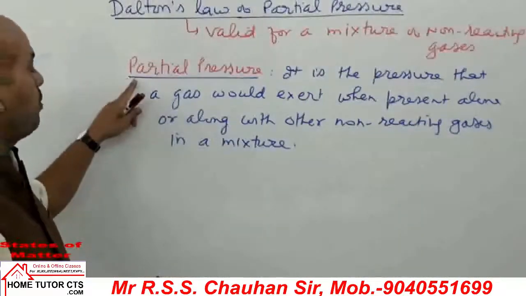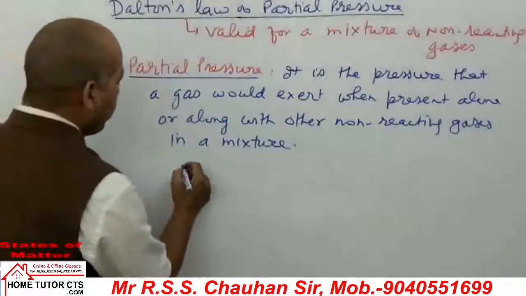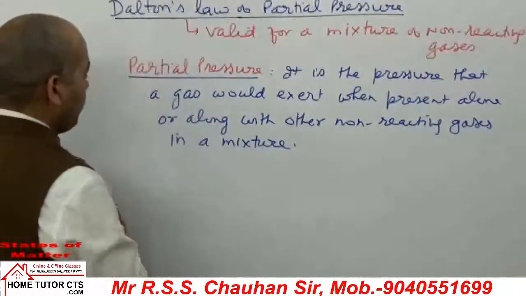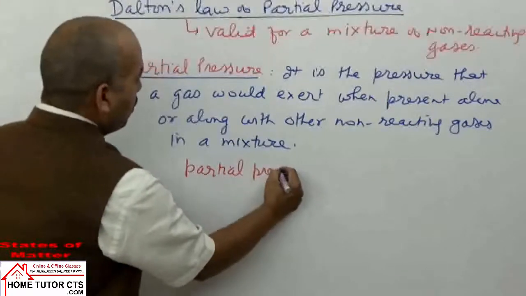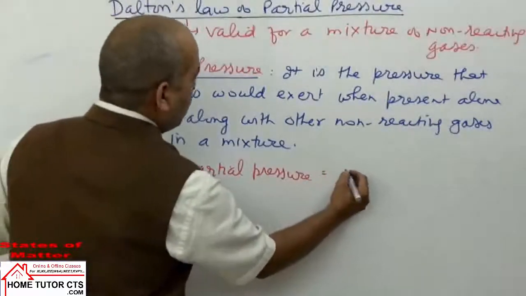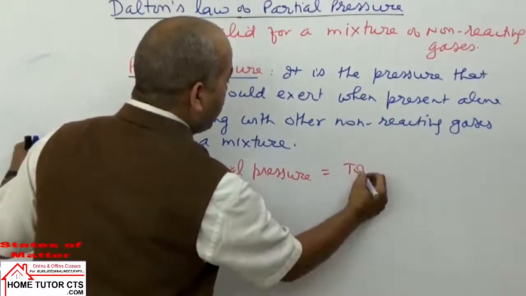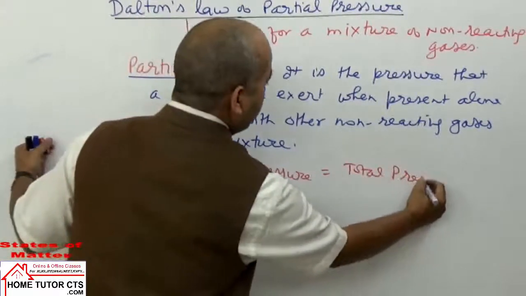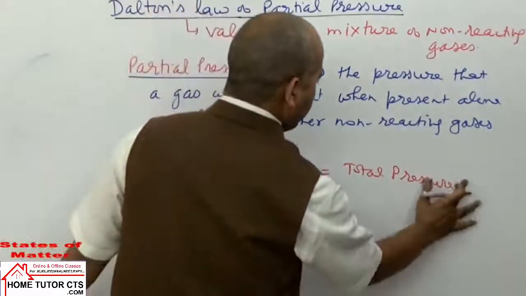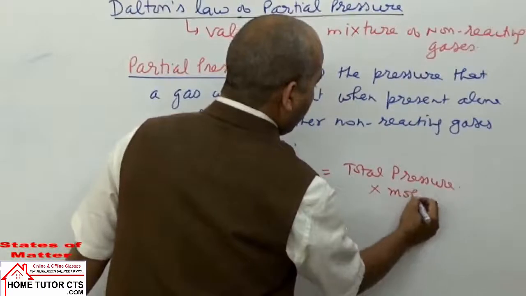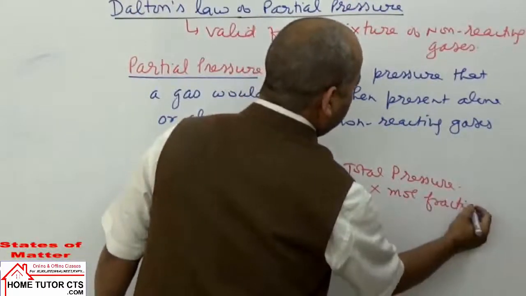How to find the partial pressure of a gas? Mathematically, we can calculate it as: partial pressure is equal to the total pressure of the gas mixture into the mole fraction of the gas.